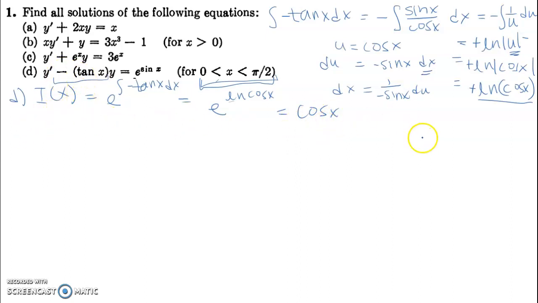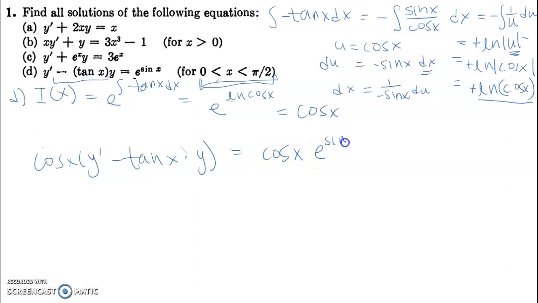Let's multiply cosine of x to both sides of our equation. So we have cosine of x y' minus tangent x times y equals cosine of x e to the power of sine x.